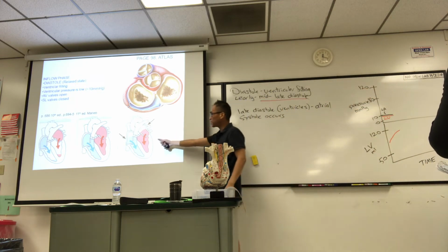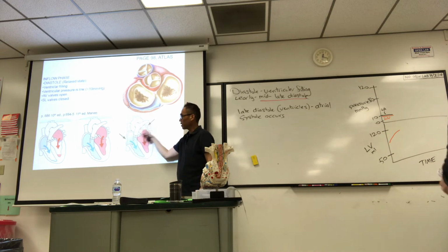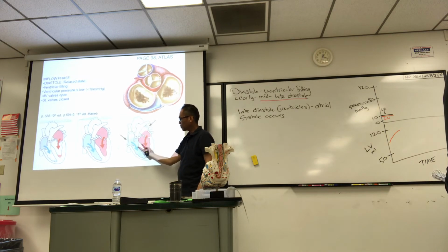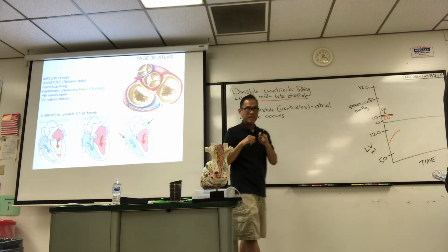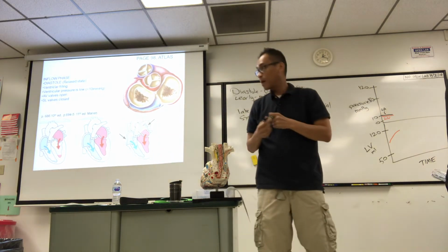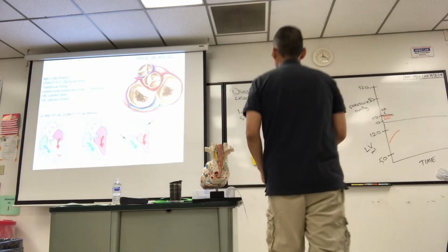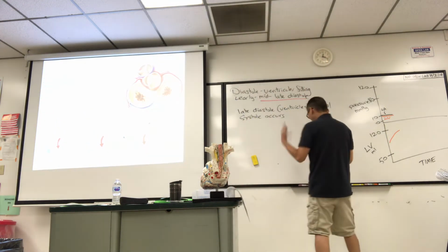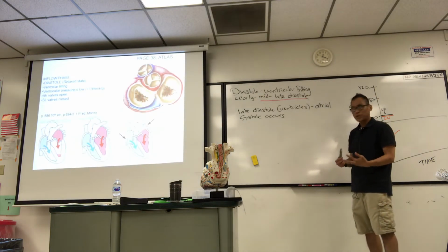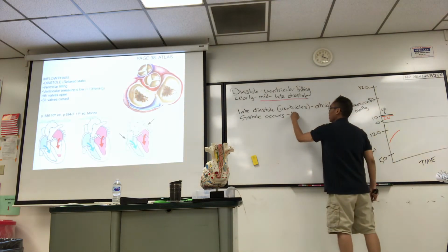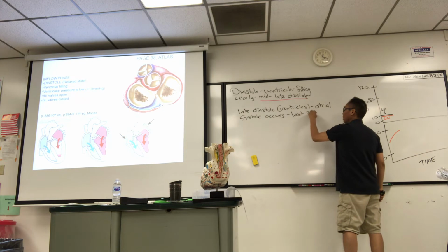This is late diastole, atrial systole. You're pushing the rest of the blood into the ventricles, like that pectinate muscle is just squeezing and pushing, finishing off the filling. Usually it's like the last 30% of ventricular filling, something like that.